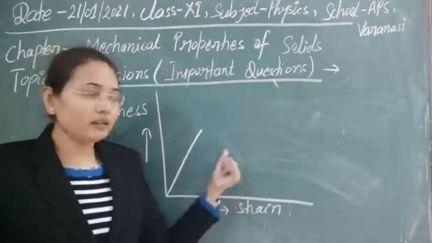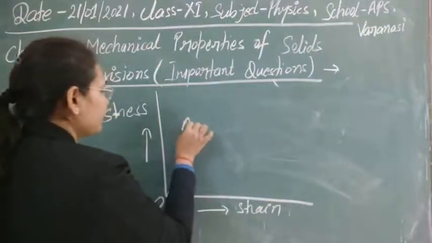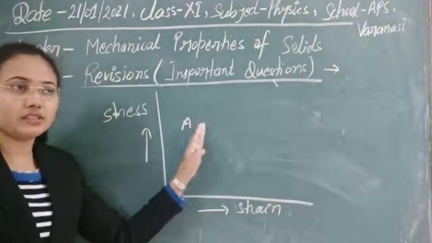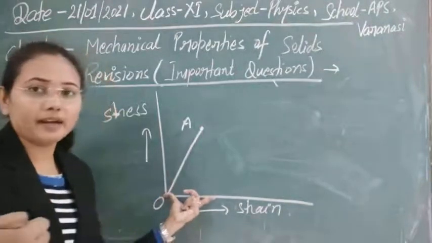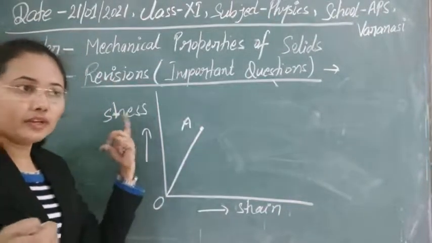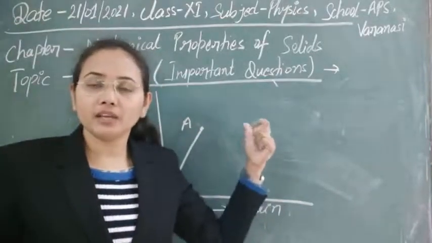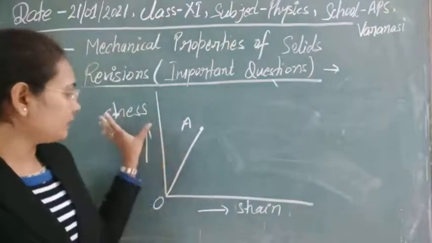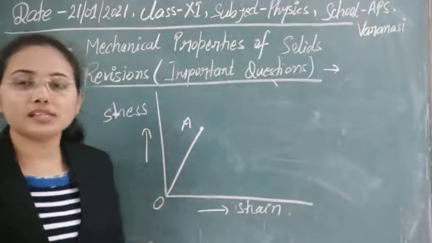Suppose this point is O and this point is A. From O to A, if the wire is elongated and some strain is produced in the wire, and we remove the deforming force, or the stress, then on removal of the deforming force the wire will regain its original shape and size.